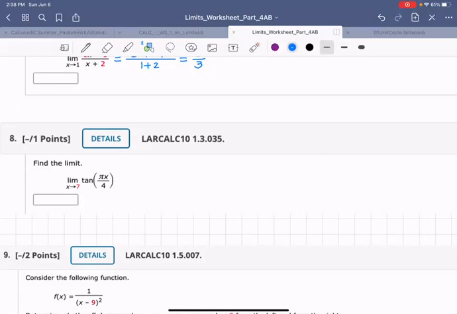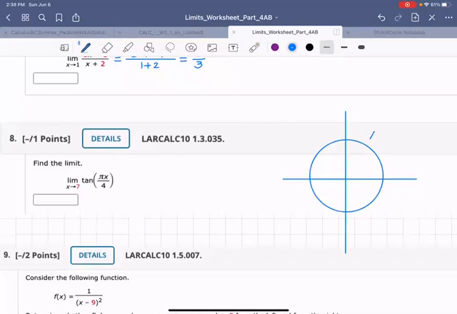I want all the students to know this. If you haven't learned in my class before, you might never have heard of this. This is called All Students Take Calculus. All means sine, cosine, tangent. Sine and cosecant are reciprocals, so you don't need to worry about remembering the cosecant value.